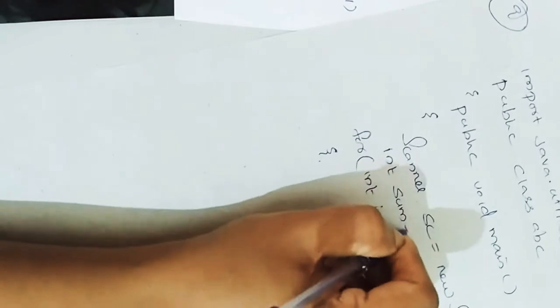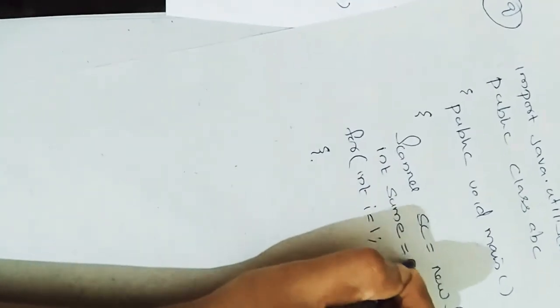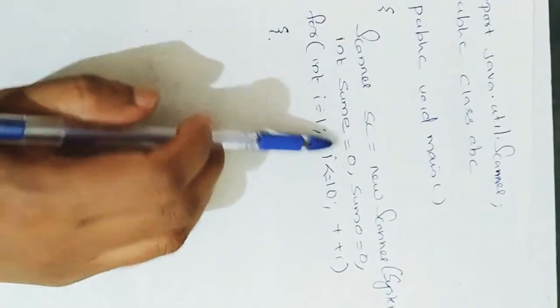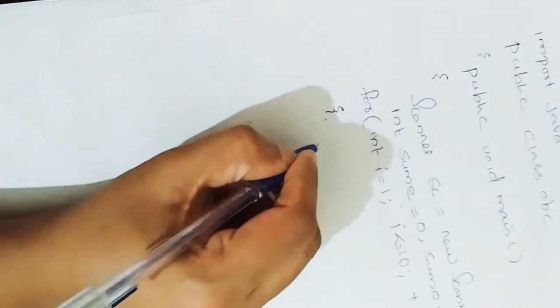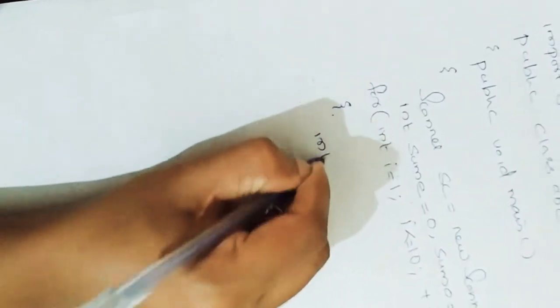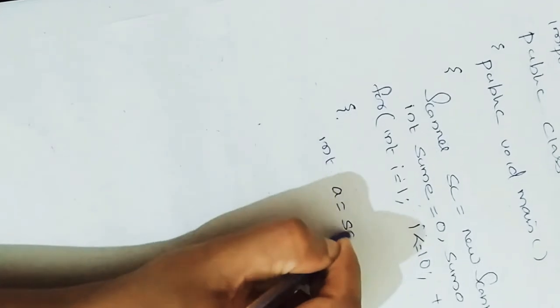Outside the loop I am declaring two more variables: sumEven is equal to 0, sumOdd is equal to 0. Inside the loop you have to accept the variable: int a is equal to sc.nextInt().